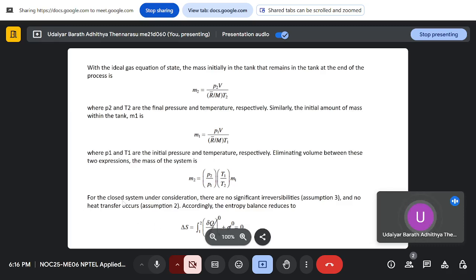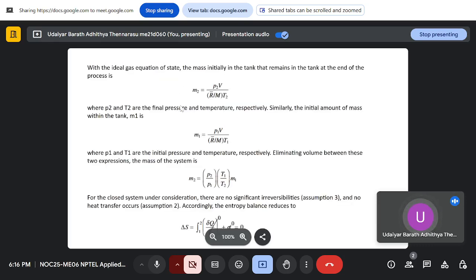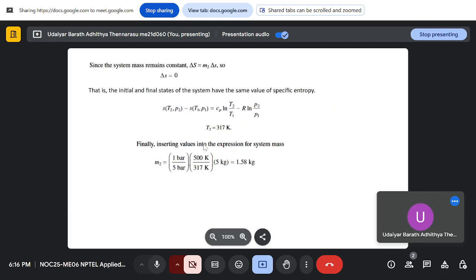For this closed system under consideration, there is no significant irreversibility and no heat transfer occurring. With that, the entropy balance will become 0. Since the system mass remains constant, what indirectly they meant by slow leak is that there is no irreversibility happening, so delta S equals 0. Delta S equals 0 is like a reversible adiabatic process.